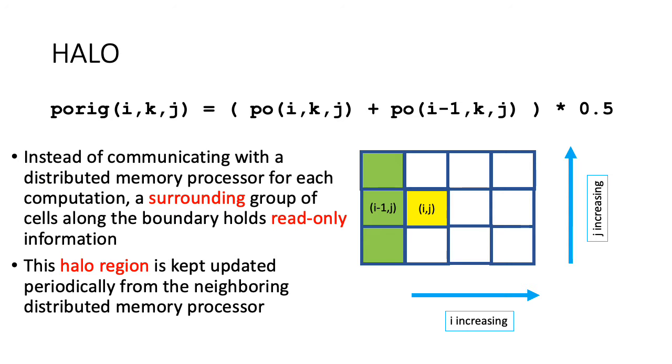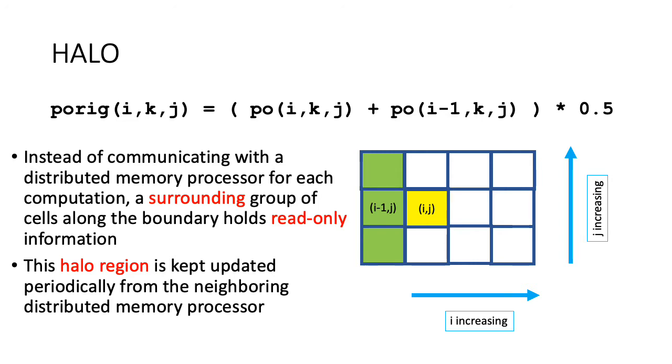What we do is we say that we add an extra column onto our existing set of columns that we know about for our processor. This set of green columns is read-only.